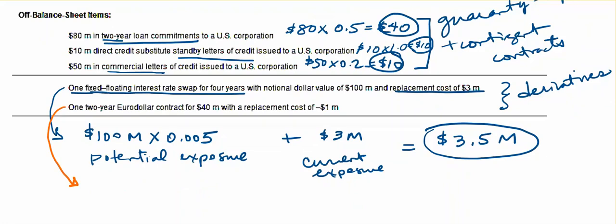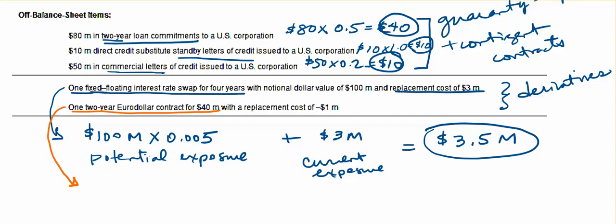Now let's talk about the euro-dollar contract of $40 million. Now a euro-dollar contract is just an agreement between banks to lend dollars. Don't get confused by the term euro-dollar and think this has anything to do with euros. It has to do with international banks, and they make loans to each other in different currencies.